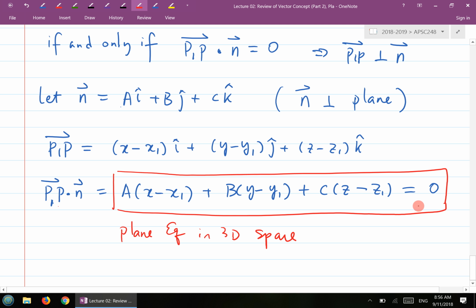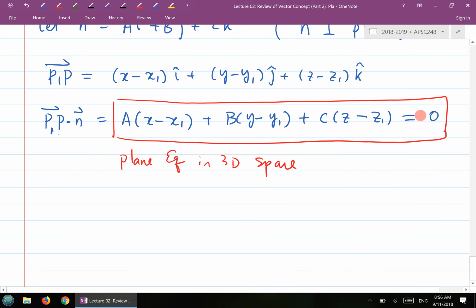And the second step, you strive to find the unknowns: you need to find a point on the plane, and you need to find a vector ABC that is perpendicular to the plane. If you can find these two pieces of information, all you need to do is substitute into this equation, and you get your plane equation. Does that make sense?